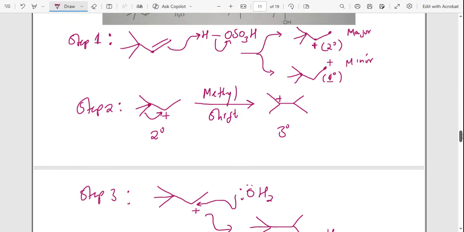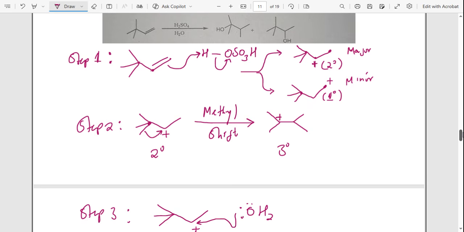At this point, what is going to happen is, can you see that in step 1, we grabbed the hydrogen from the HOSO3H. So actually, there was another byproduct here. It was the OSO3H. This would have carried a minus because it's a byproduct. We have grabbed a hydrogen.